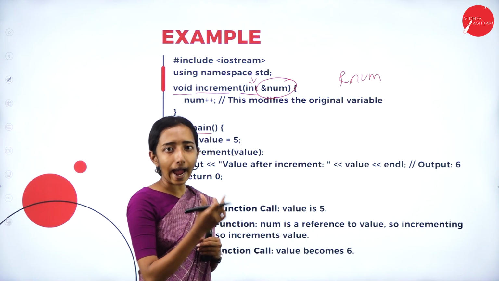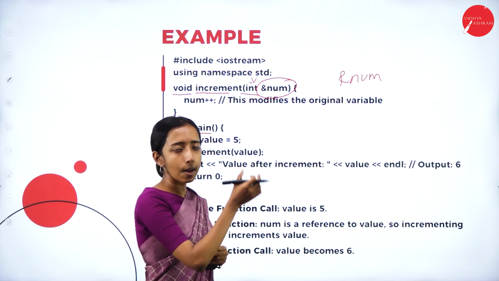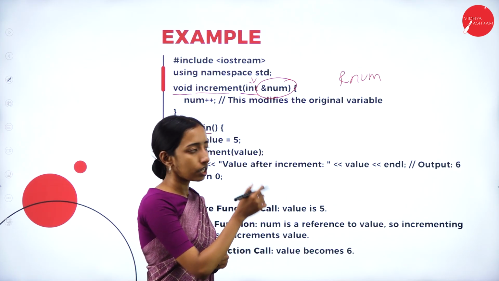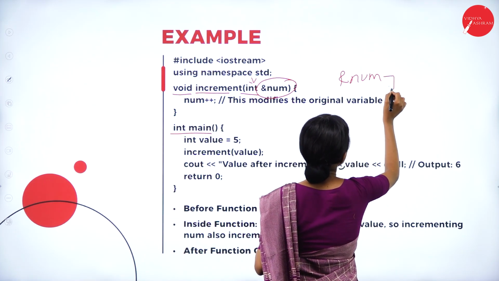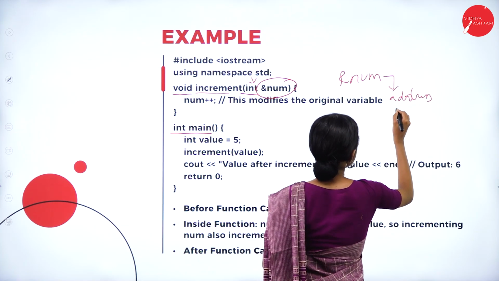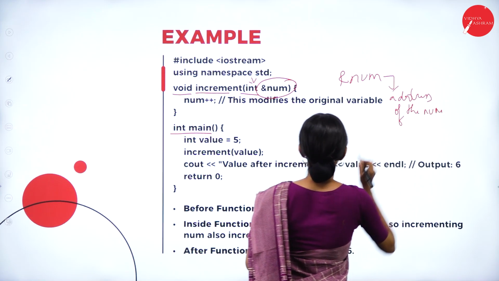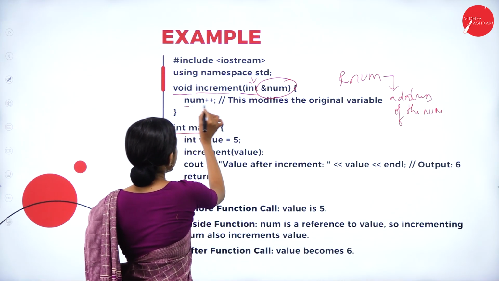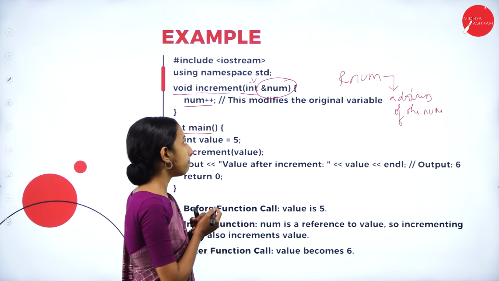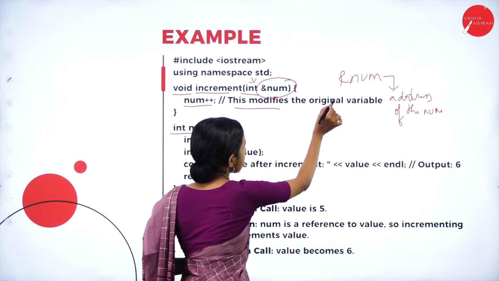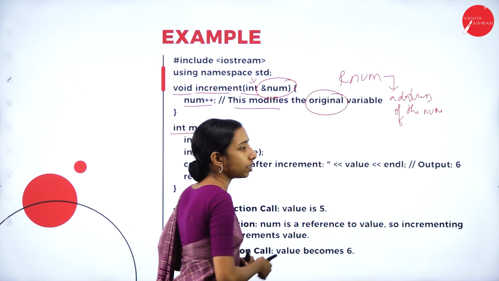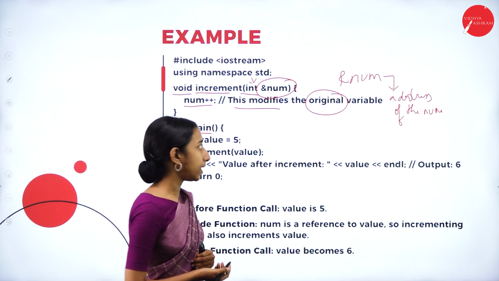So we are using the & symbol with the parameter called num. Here it will have the address of num, and we are incrementing num, that is num++. This modifies the original variable.